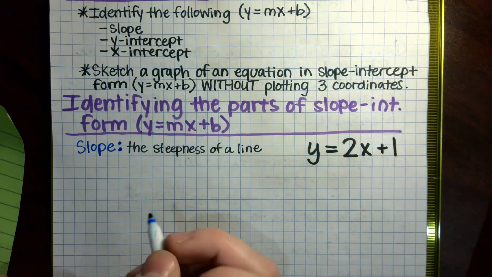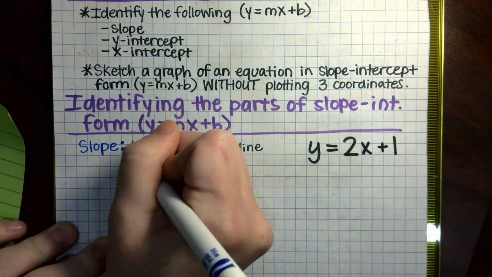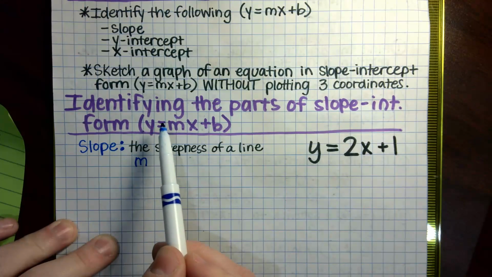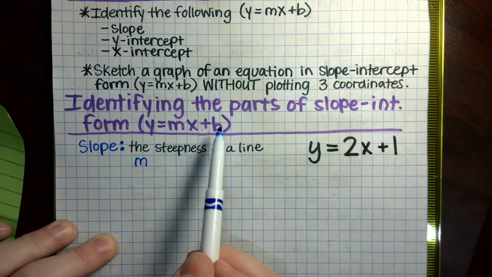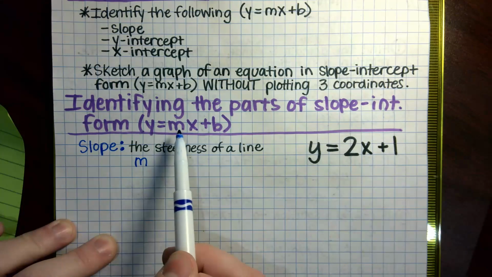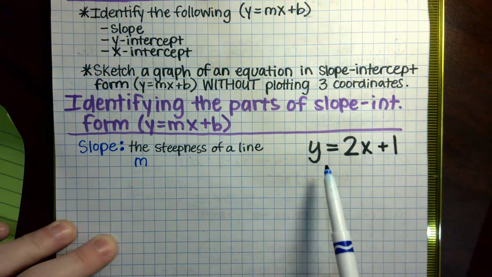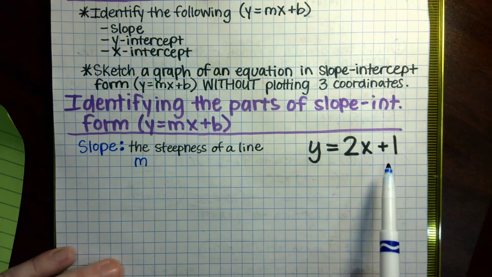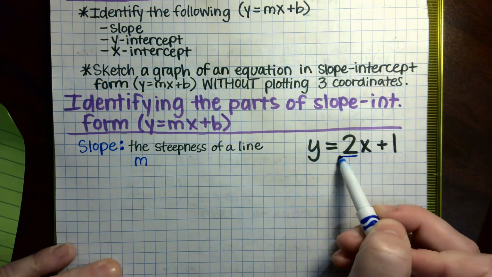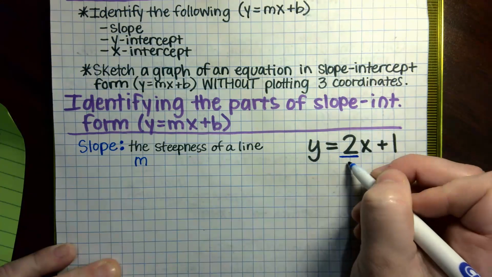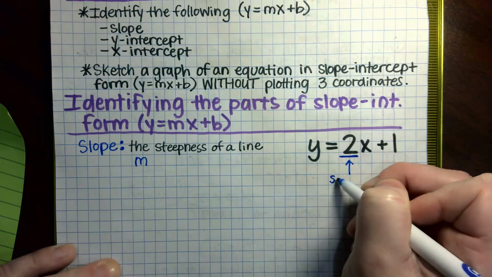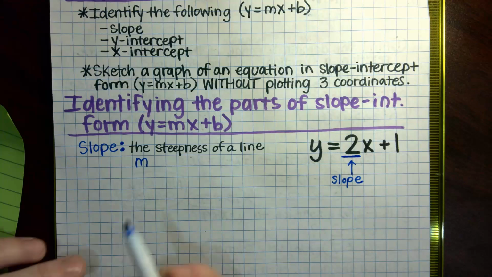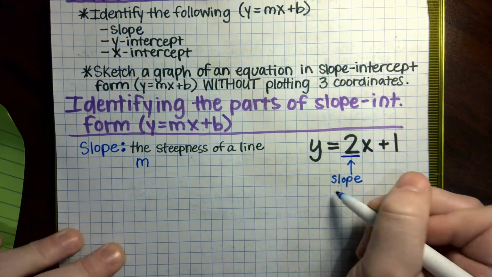Your slope is always going to be the m in an equation. So we see it's y equals mx plus b. So it's always going to be the number right next to the x. So in this equation, y equals 2x plus 1, what would our slope be? 2. So I'm going to underline this 2, and I'm going to call it slope. That is my slope. So in this case, m would equal 2.